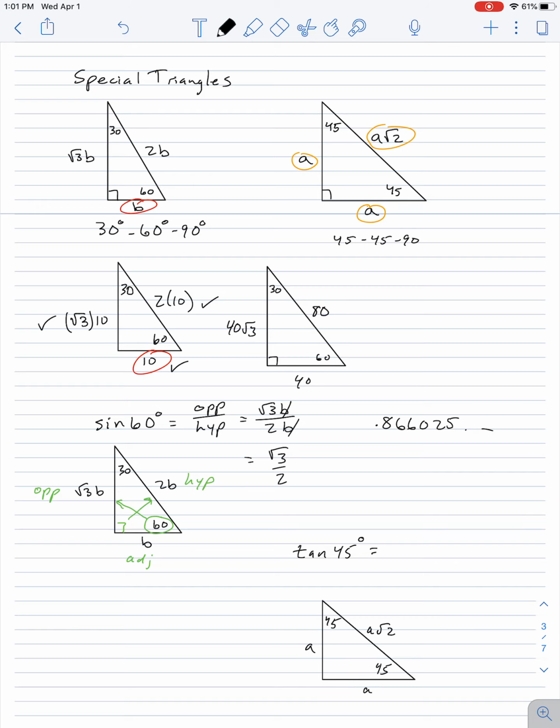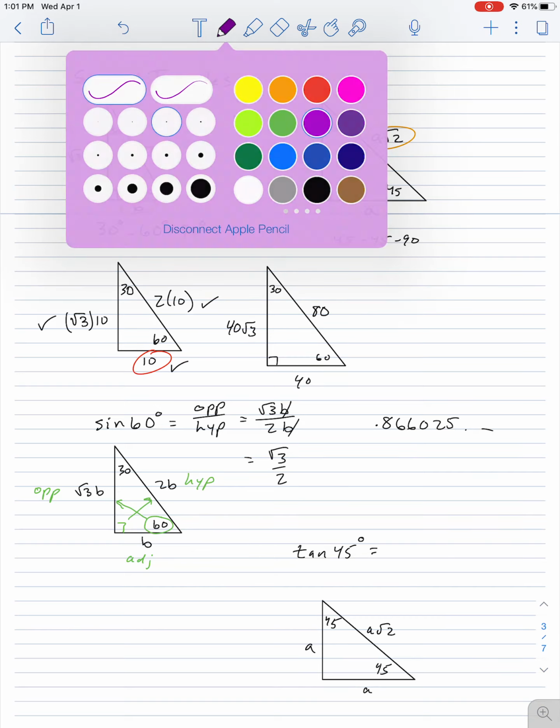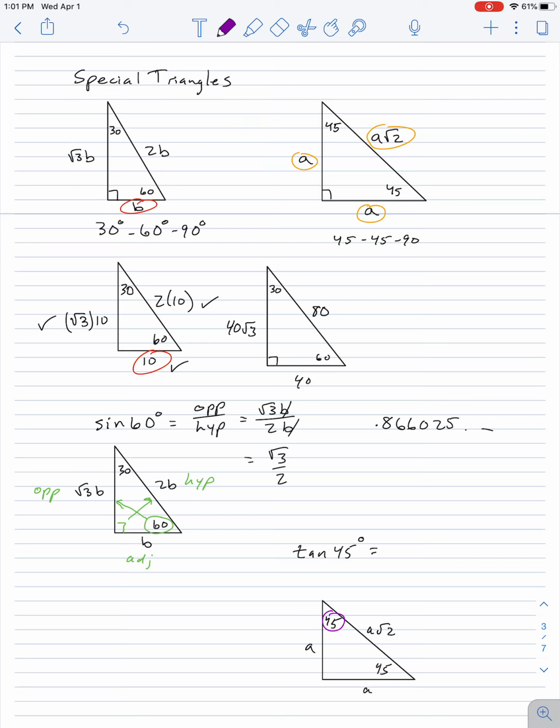Now in this case I can pick either angle to label, it doesn't matter because it's isosceles. So I'm going to go from here. This is my opposite side, this is my hypotenuse, and this is my adjacent. And tangent is opposite over adjacent. So my opposite is A, my adjacent is A, and the A's cancel and I'm left with 1. So tangent of 45 is 1.